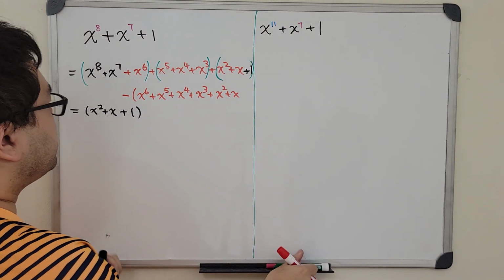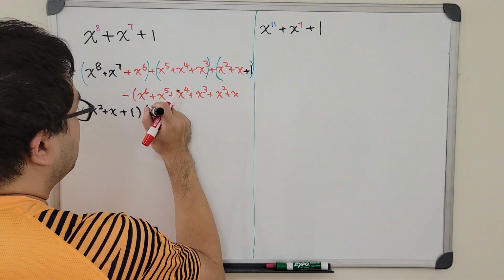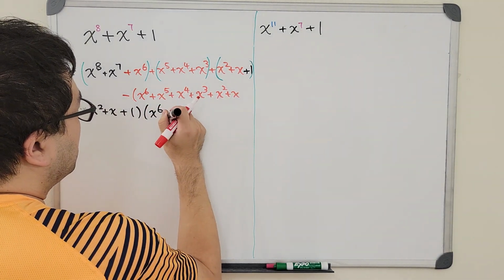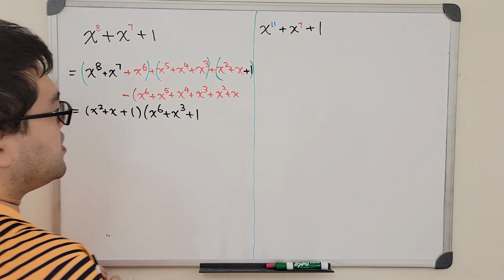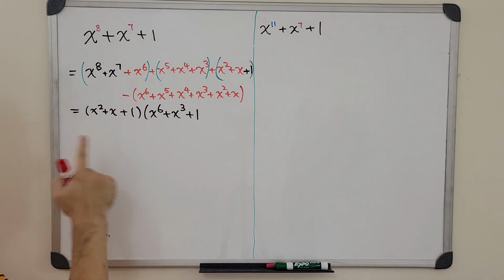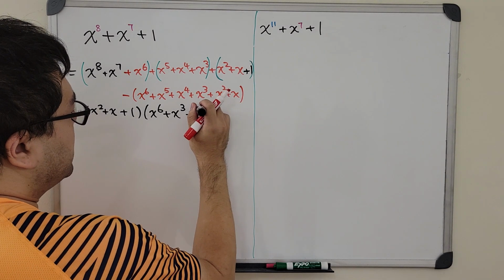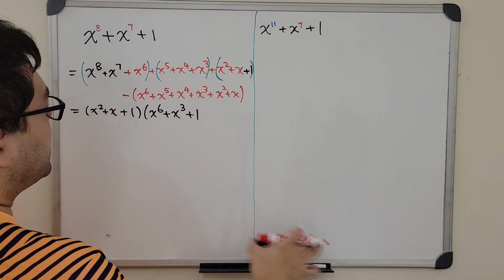And for each group, we will be able to factor out x to the 6th power, x to the 3rd power, and 1 respectively.